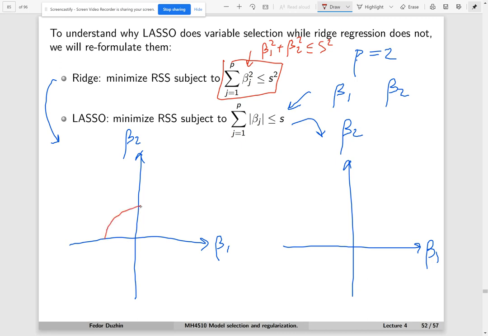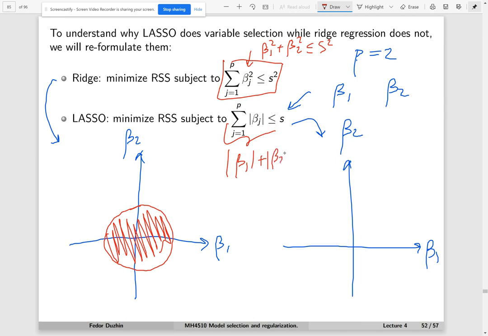So this looks like a solid circle. Now for lasso, we have the condition absolute value of beta 1 plus absolute value of beta 2 is less than or equal to s. The set of points on the beta 1, beta 2 plane that satisfy this is a square.